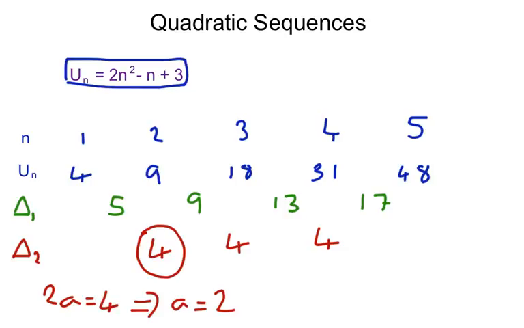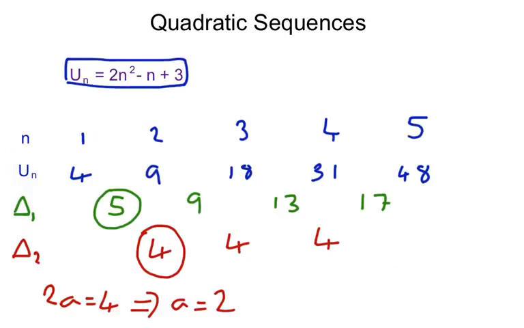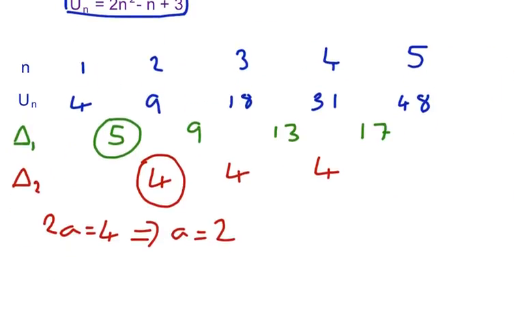Now we move up a row and we look at the one on the left hand side of the first differences. We have 5 in our example, and in the general one we have 3a plus b. So what we know from that is that 3a plus b is equal to 5.